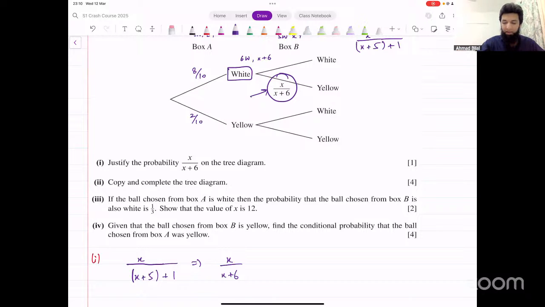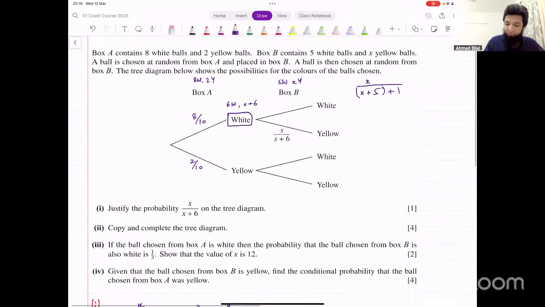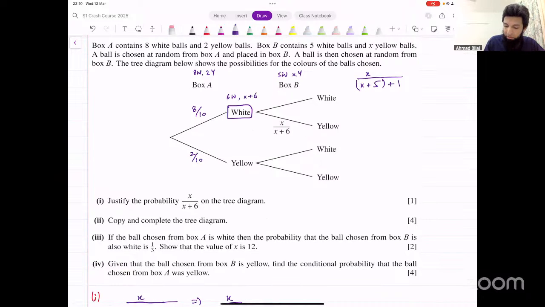The earlier calculation that we did, that was for white balls. So if this is the probability for yellow balls, what about the probability of getting a white ball the second time? That would be 6 over x plus 6. Because once you have 1 white ball added, the number of white balls becomes 6, and the total number is x plus 6.